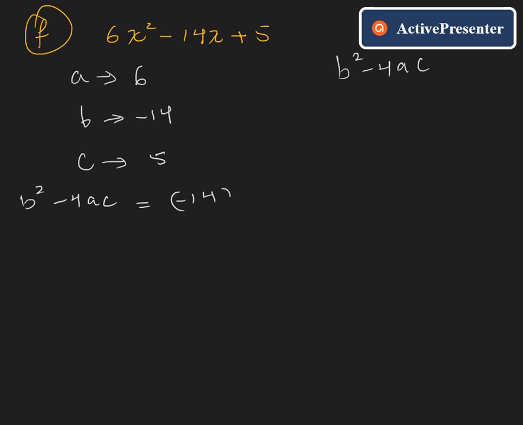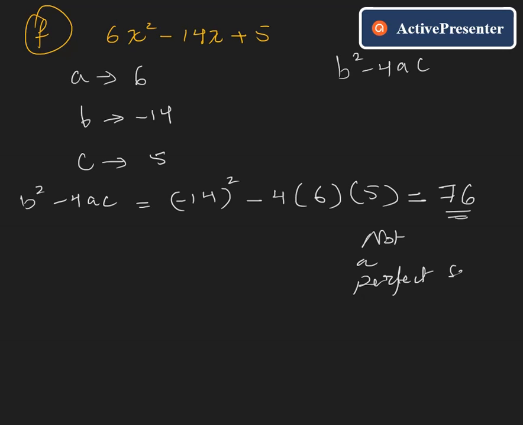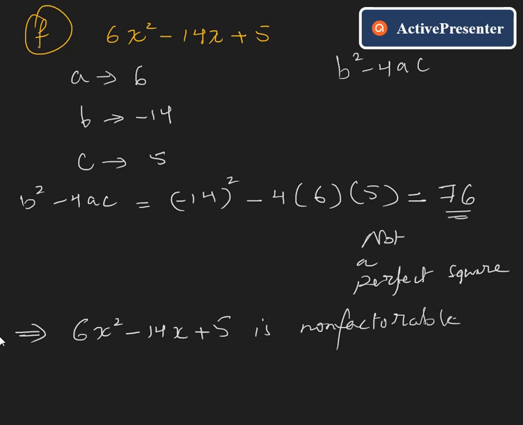Minus 14 squared minus 4 multiplied by a, which is 6, multiplied by c, which is 5. Then this is equal to 76. 76 is not a perfect square. Therefore, this implies that 6x squared minus 14x plus 5 is non-factorable over integers.